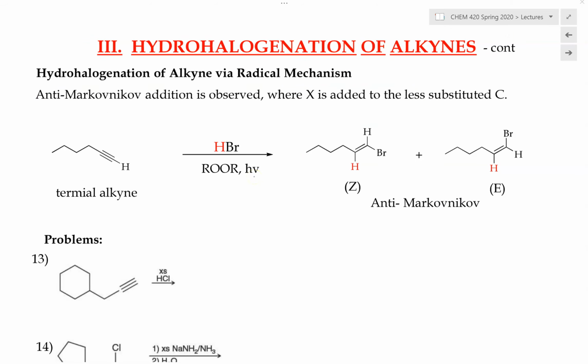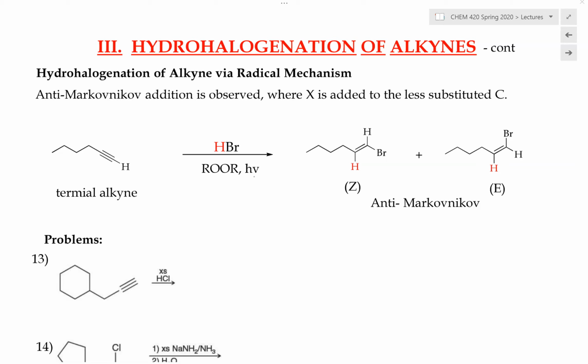Now let's talk about the hydrohalogenation reaction of the alkyne in the presence of hydrogen peroxide, which undergoes the radical mechanism. We have seen already that when we did the hydrohalogenation reaction of the alkene, if we had a small trace or a catalytic amount of hydrogen peroxide or some sort of peroxide, then the anti-Markovnikov product is favored.